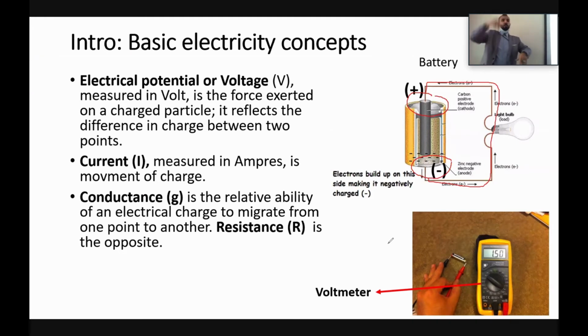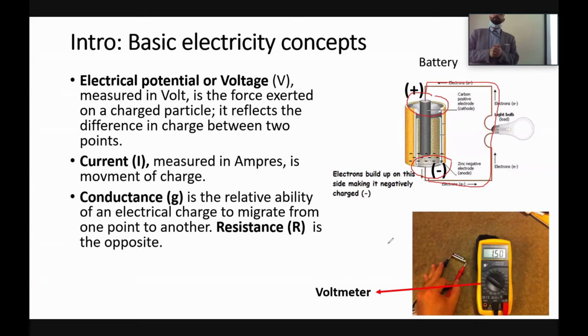And so the movement of these electrons to go to the positive end is basically what we call current, okay? And conductance is simply how easy it is for these electrons to reach the positive end, okay? Resistance is the opposite. It is how difficult it is for these electrons to reach the positive end.